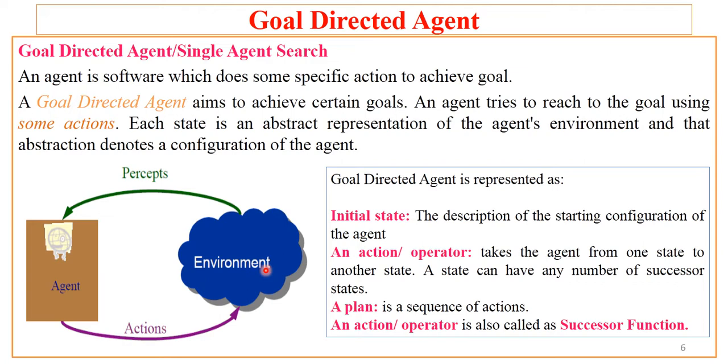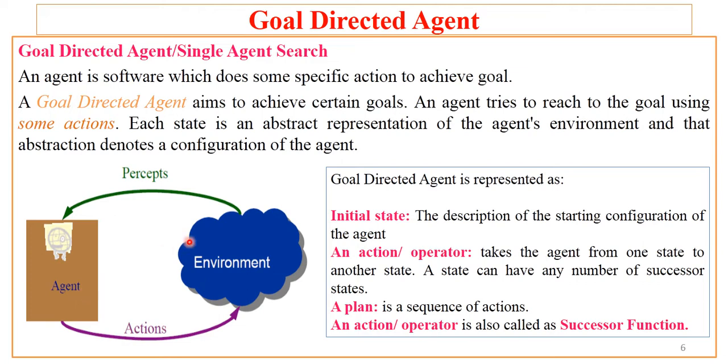If we see this scenario carefully, the goal directed agent is also represented as a state space search scenario. So whatever we have seen as part of the solution plan in the earlier slide, the same solution plan can be applicable or mapped to the given goal directed agent.